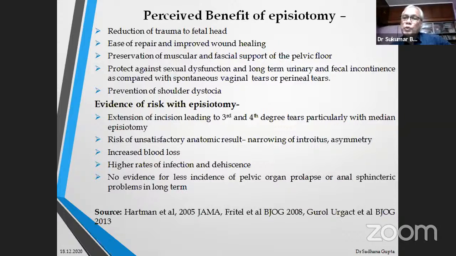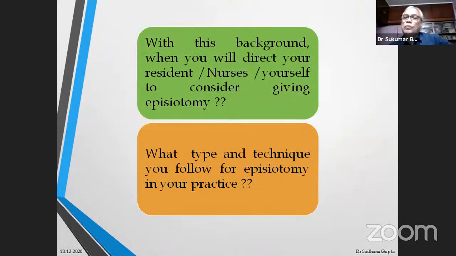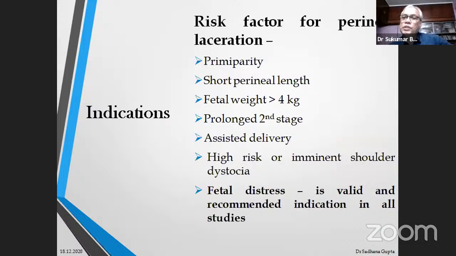So there was no routine episiotomy, only selective episiotomy, and I was trained that way. Coming back to India, I also follow the same thing and advise the juniors.